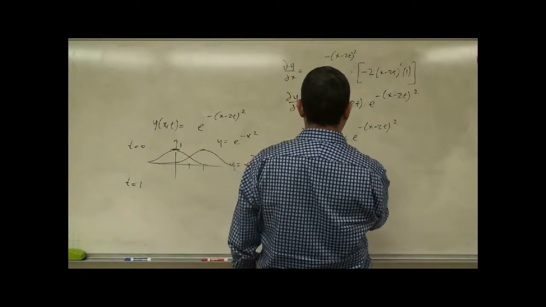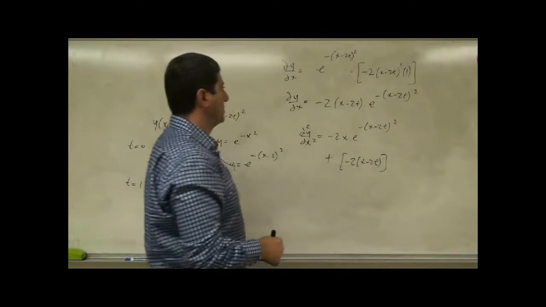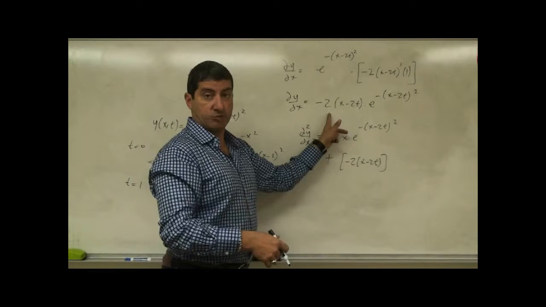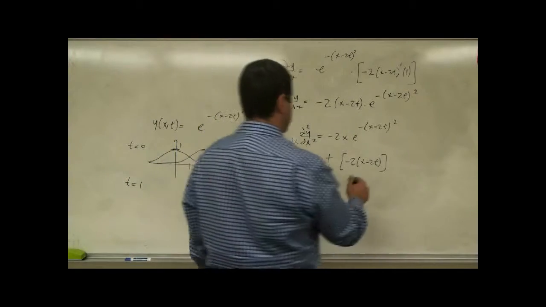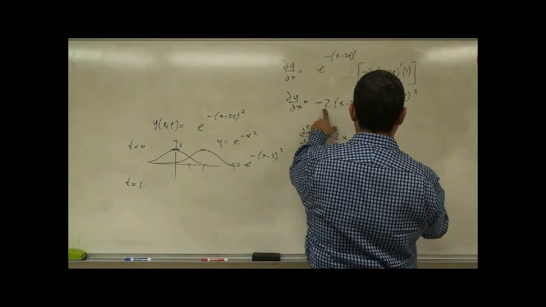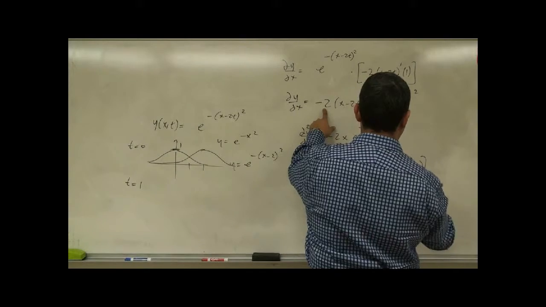So it'll be negative 2(x minus 2t), times the derivative of that, which will just be itself again. So it'll just be this whole thing, negative 2(x minus 2t) times e to the minus (x minus 2t) squared.